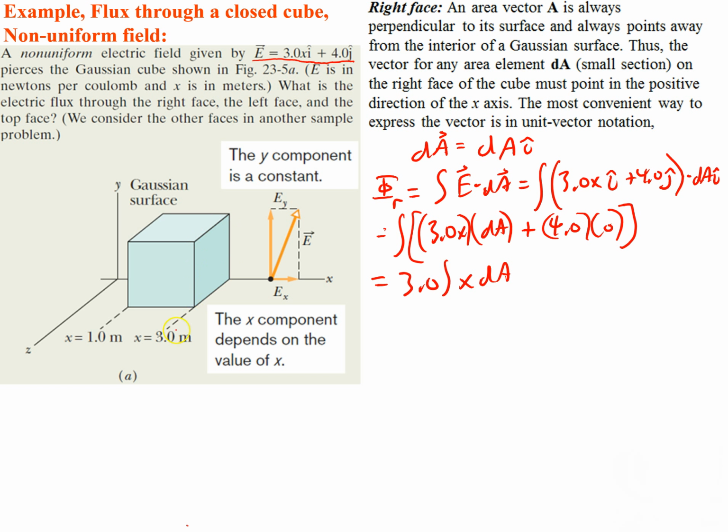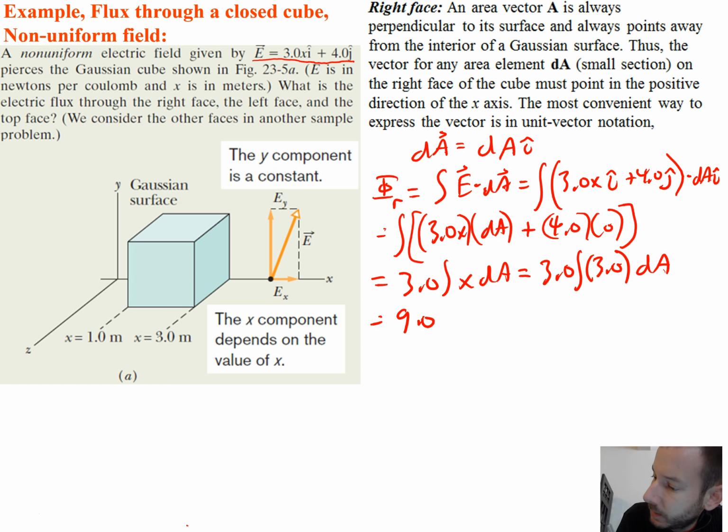So x is always going to be 3.0 meters in this case. So we can actually just treat it as a constant. So it's going to be 3.0 times the integral of 3.0 times dA. All right, so this is equal to 9.0 times the integral of dA.